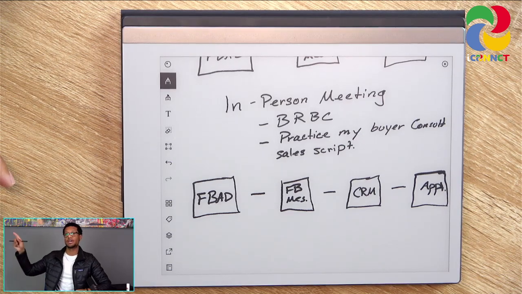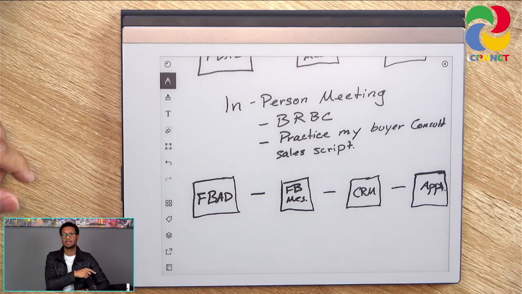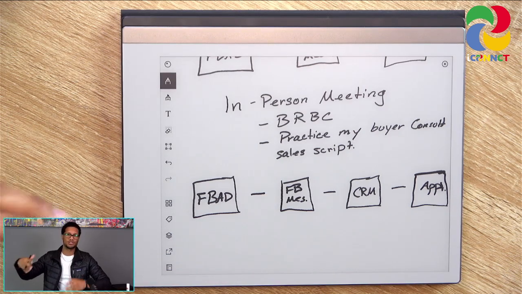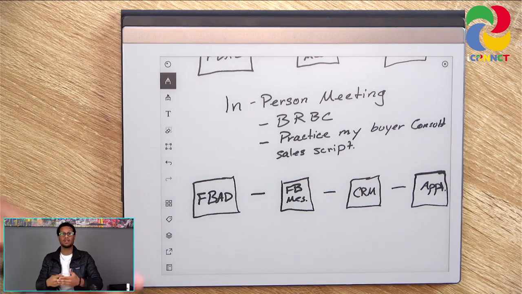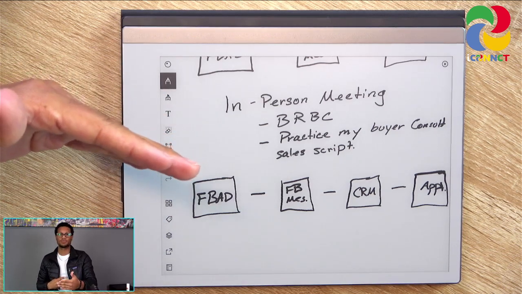I want to make sure that I set up in my CRM an automation for the date and time that we scheduled, or even better, I want to make sure that in my iCONNCT app we have that email going out to them, which is automatically already done for you. So you don't have to set it up within your CRM. Within the iCONNCT app, when you schedule that meeting with them to go out and show them property after you sign that BRBC, that's one thing I want to make sure is done. I want to make sure that when we go out and show property, I have a list of other properties that I'm going to show them once we actually get there.